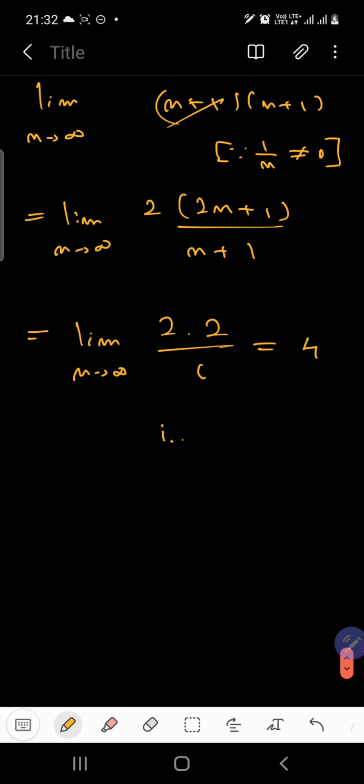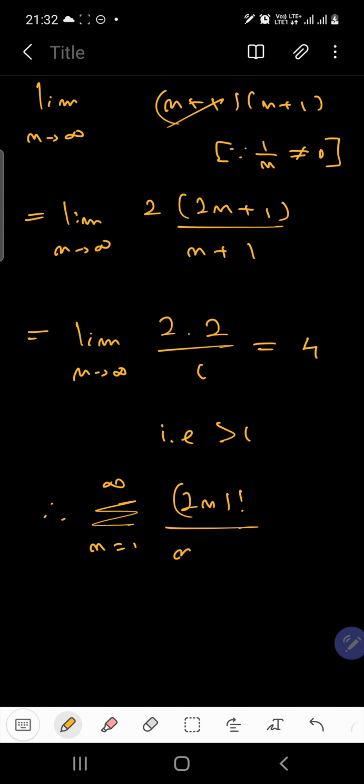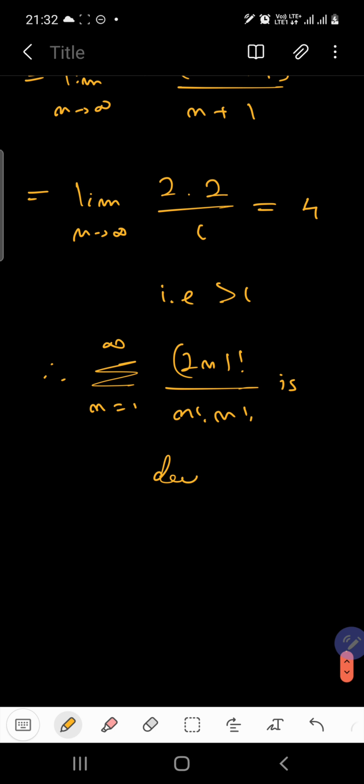That is greater than 1. Therefore, summation n equals 1 to infinity of (2n)! over n! times n! is diverging. Clear? Got it? This is the ratio test.